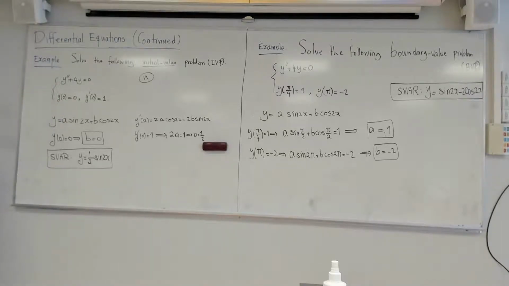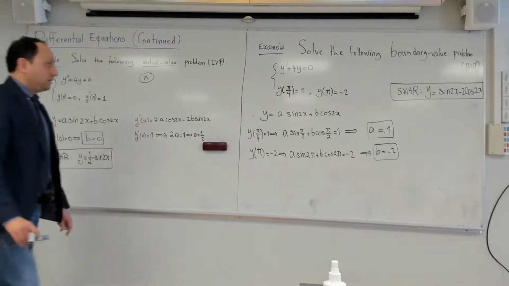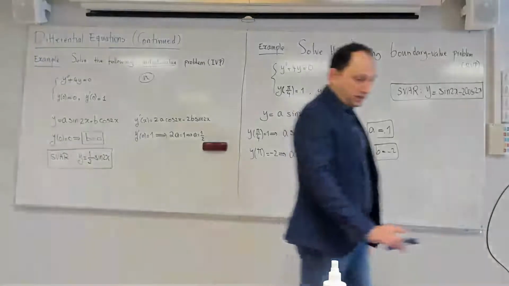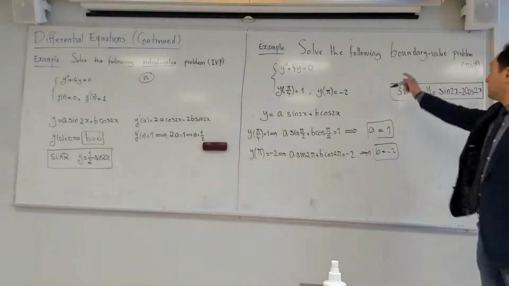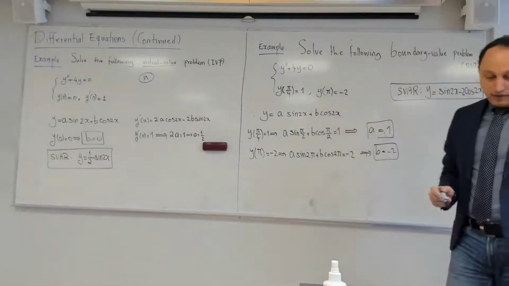How many of them? n of them. If this is order n, you will face n arbitrary constants. To fix all of them, you need n extra conditions. This is something I want you to know about these words: boundary value problem and initial value problem.